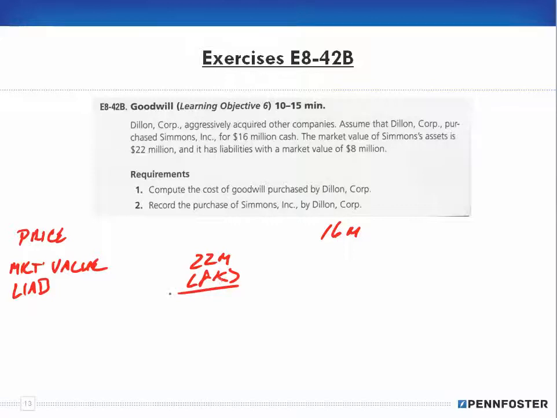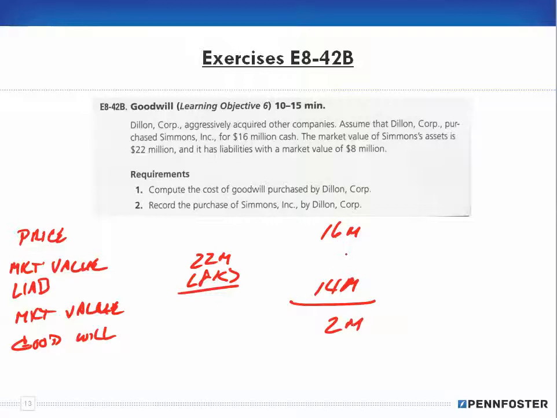So the market value of Simmons is $14 million. So the goodwill ends up being $2 million.